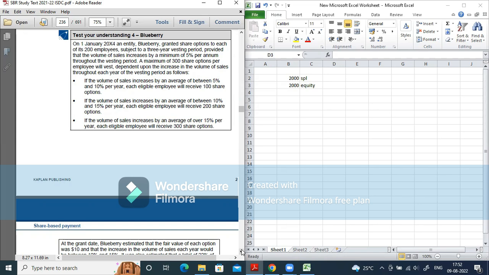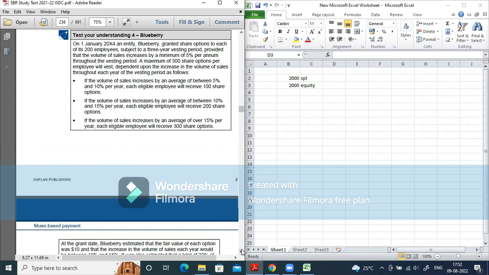And they gave some information. If the volume of sales increases by an average of between 5% and 10% per year, each eligible employee will receive 100 share options. If between 10% and 15% per year, each eligible employee will receive 200 share options.